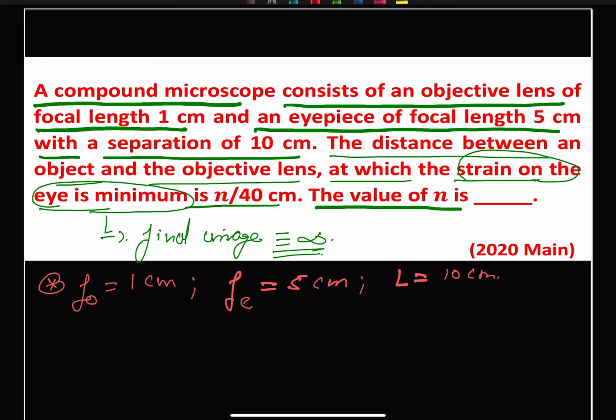So in this case the final image should be at infinity, but there will also be an intermediate image formed by the objective, and that will be at the focal point of the eyepiece.